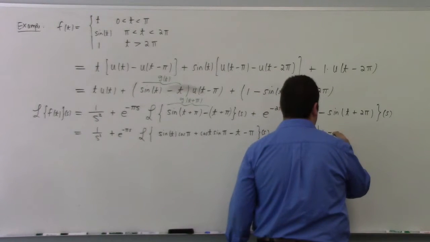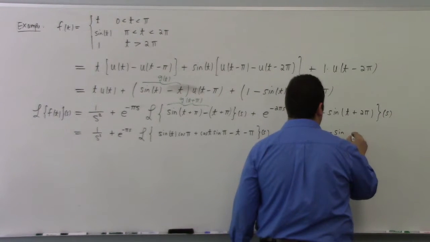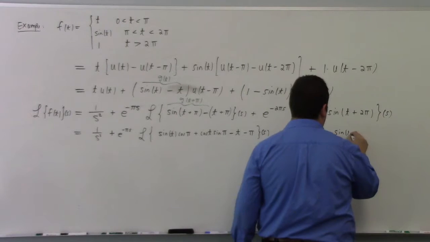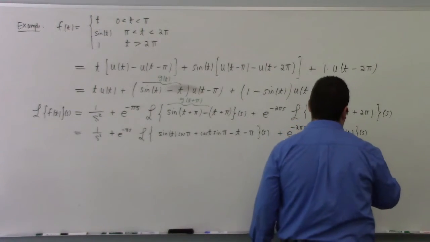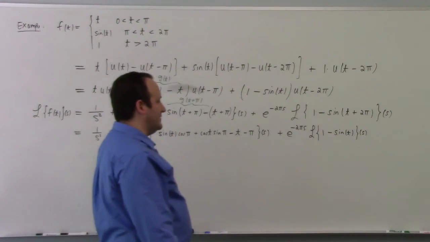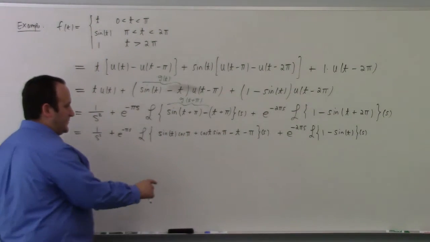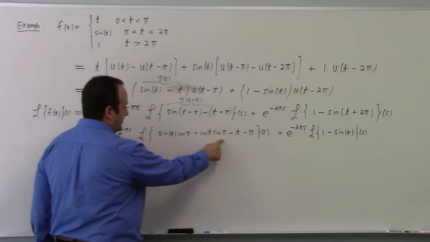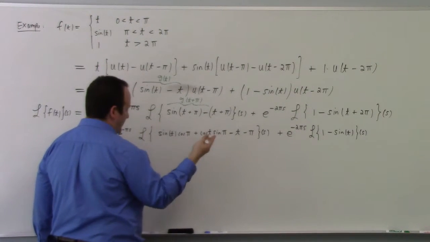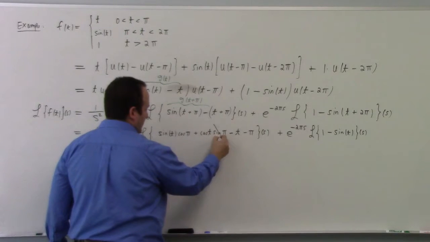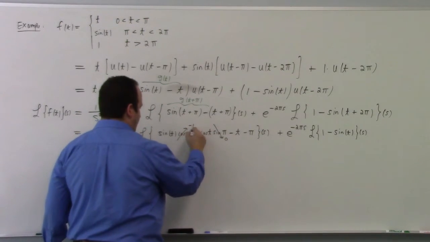A lot of things I'm writing here are 0, though. Okay, I can't do it. This is sine of t again, isn't it? Using the 2 pi periodicity of sine, sine of t plus 2 pi is sine of t. But the sine of t plus pi, because of the adding angles formula, this is minus sine of t, and the cosine of t sine pi term is 0.